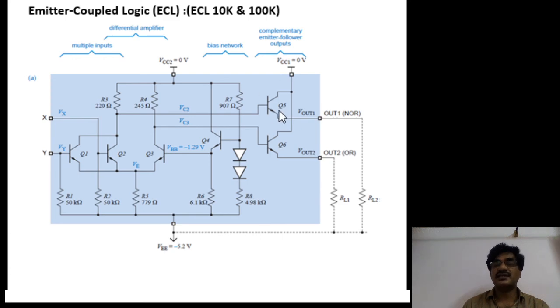So transistors Q5 and Q6 act as emitter followers at the outputs of both the collectors, for the right hand side transistors and left hand side transistors. The remaining operation is everything we discussed in the previous slide. So that is the operation of emitter coupled logic as a NOR gate and OR gate.